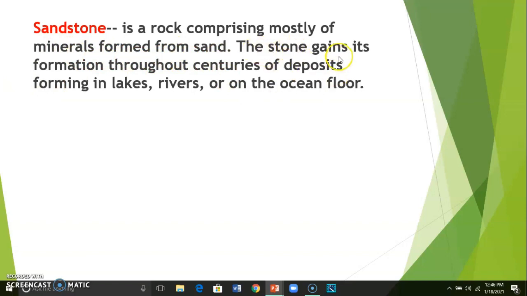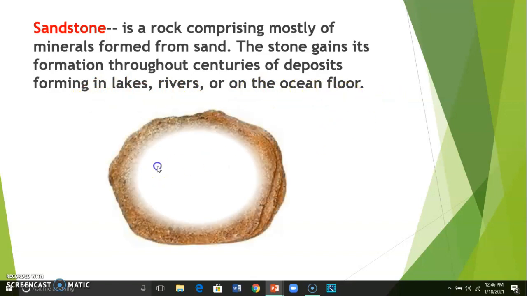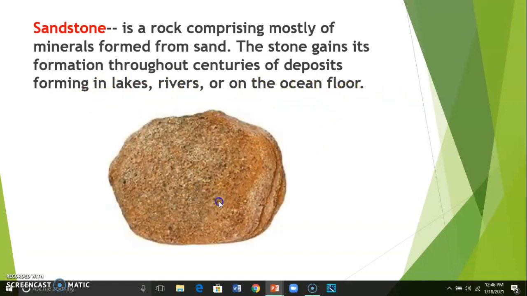The stone gains its formation throughout centuries of deposits forming in lakes, rivers, or on the ocean floor. Okay, so this is a sandstone. You can see this in your surroundings too.